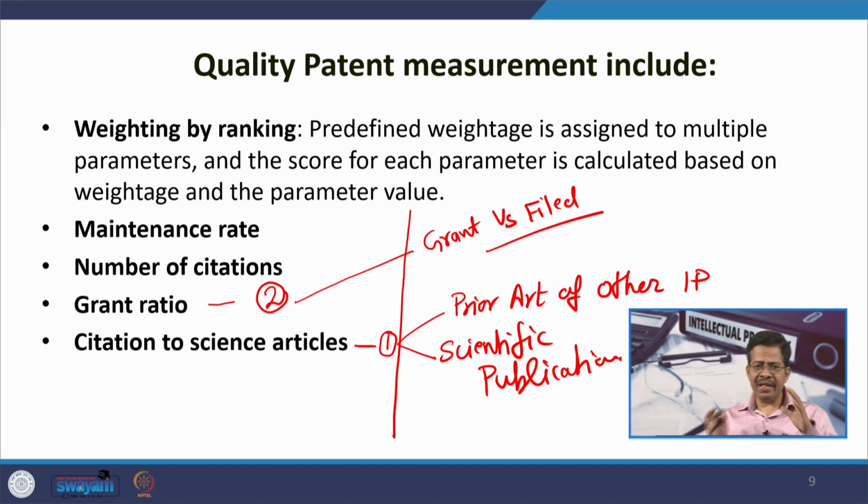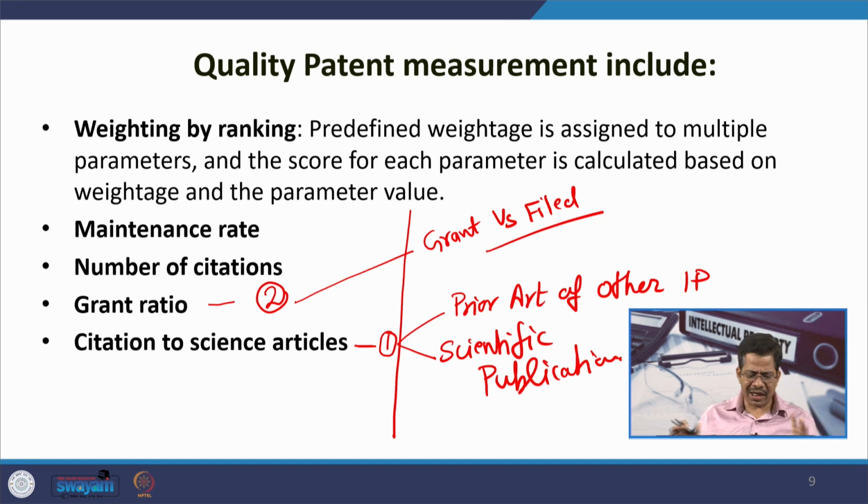But if I consider a steady state system, where every year almost the same number of IPs are filed, and there is a static nature of your IP office, I can say that in year 2024 these many applications were filed and these many applications were granted, but these applications are not granted from the applications filed in the same year. The granted applications were filed maybe 1 year back, 2 years back, 3 years back, 4 years back.